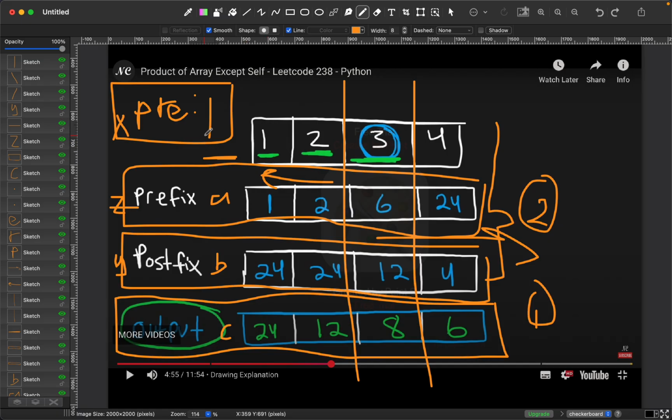So this imaginary one is used to multiply by the 24, and this one is multiplied by this, is included to this.